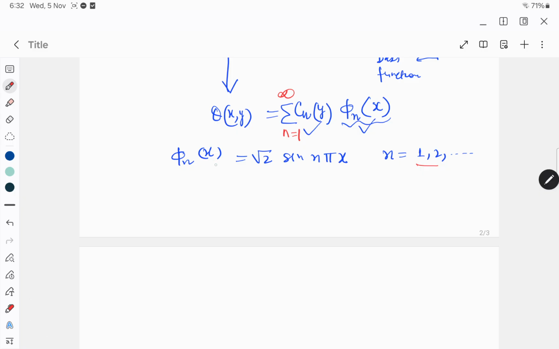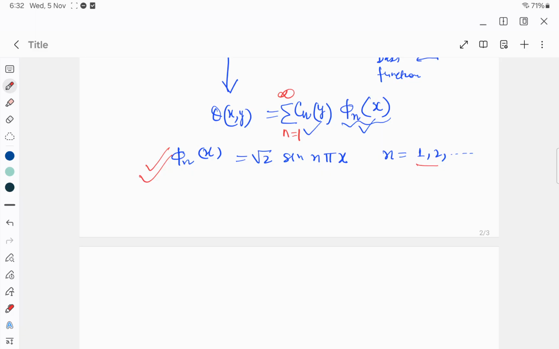Now if we know only phi n x, later we will discuss how to calculate it, then we are able to write the solution like this. So this phi n x is the basis function.